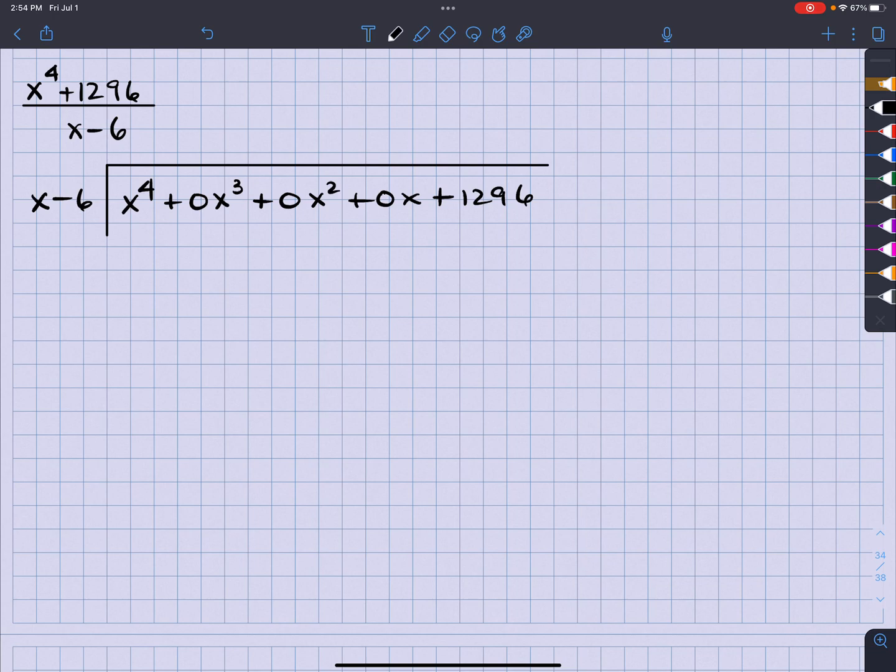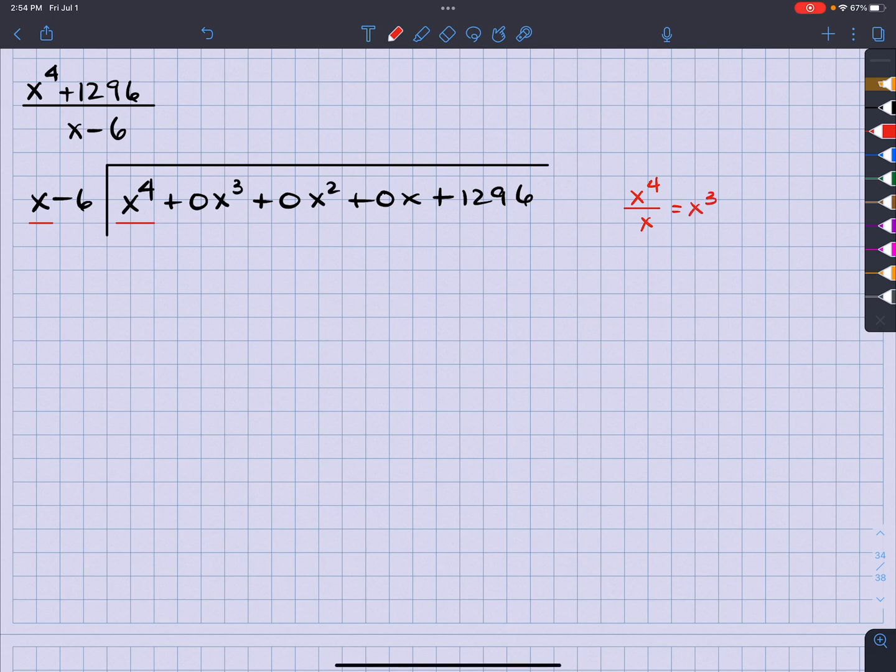There are 4 steps, just like if we were doing long division with numbers. We ask ourselves, how many times does x go into x to the 4th? Off to the side, x to the 4th divided by x gives x to the 3rd.